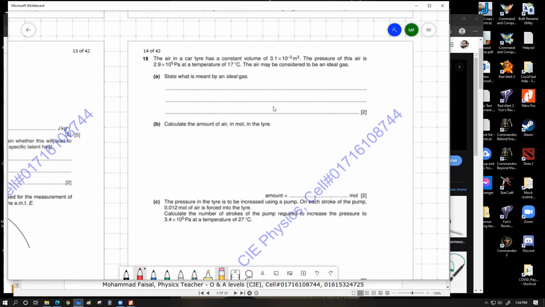A fixed amount of gas that follows this ratio, I'm going to write it in words. So I'm going to first give a division line, something like that. So that follows pressure times volume divided by absolute temperature. Don't write the short form.